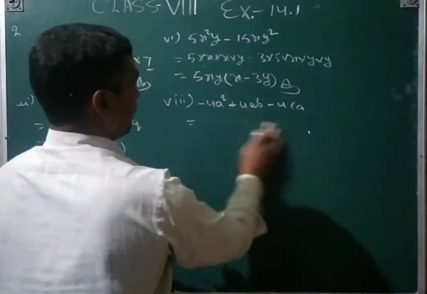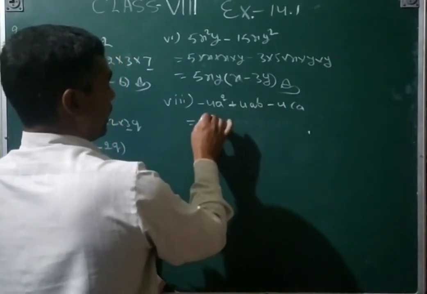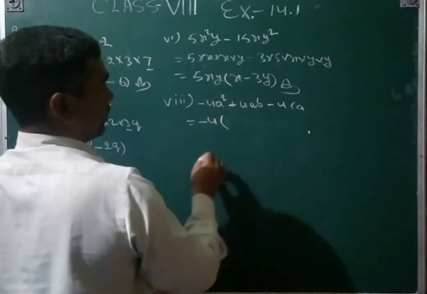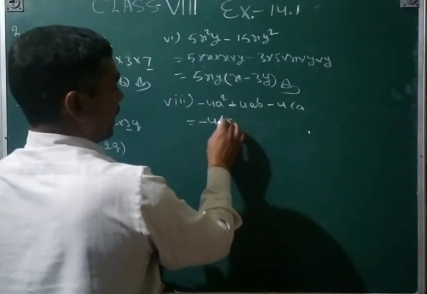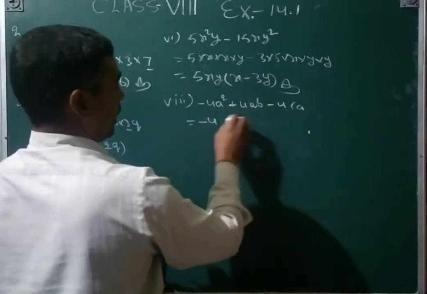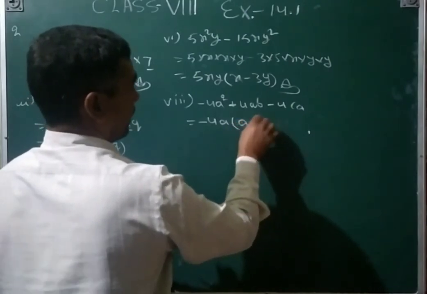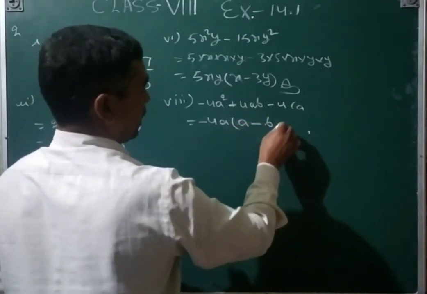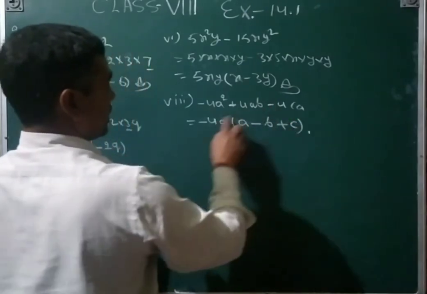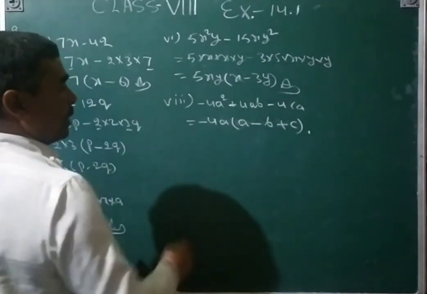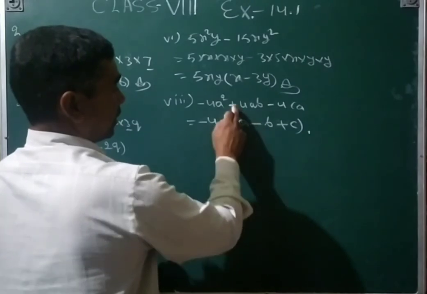No need to factorize the 4, because 4 you are looking is common everywhere. So you will take the minus 4 common. So 4 comes outside and minus also comes outside, and a is also everywhere. So that will be a minus b plus c, because minus has come outside. If you take the common minus, then every sign will be changed. That is a plus, now there is a minus, here is plus.